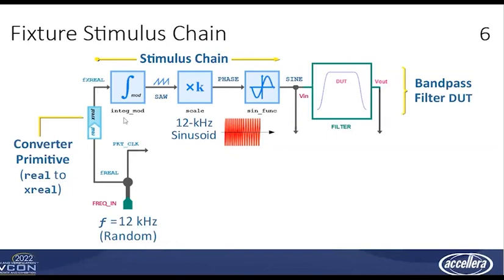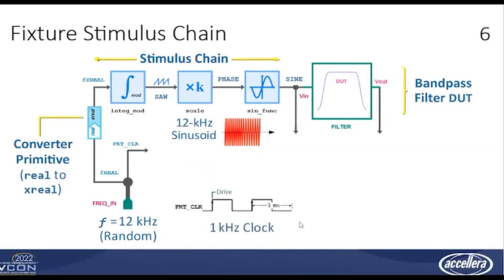And to convert a constant into a waveform, we integrate over time and get a ramp. If we do that modulo 1, it drops back to 0, starts all over again. So we get a sawtooth waveform. We can scale that by 2 pi, feed it into this sine function, and we get a 12 kilohertz sinusoid.